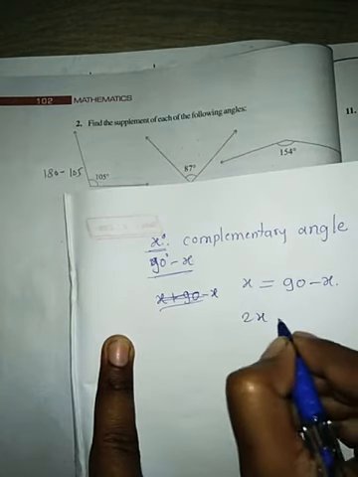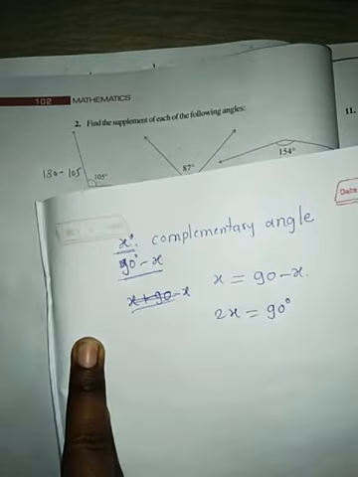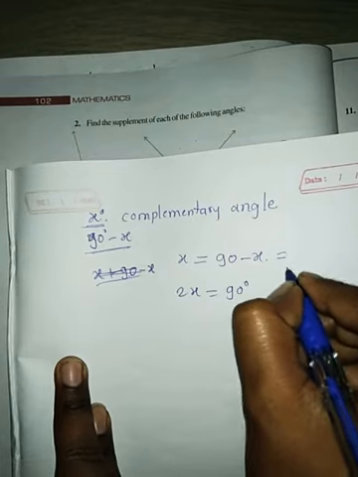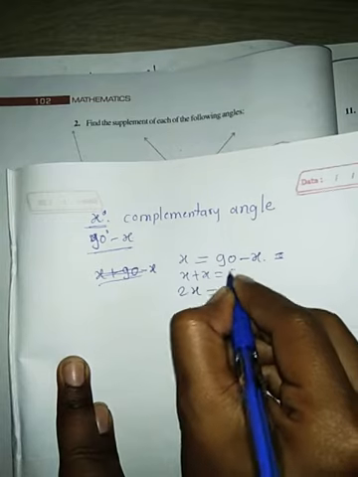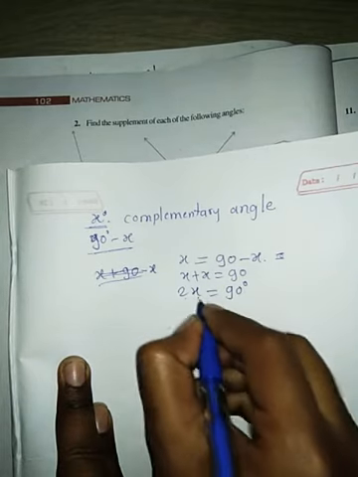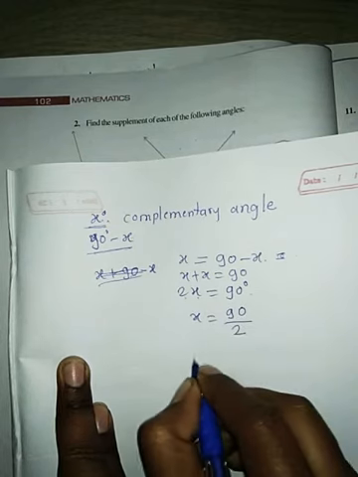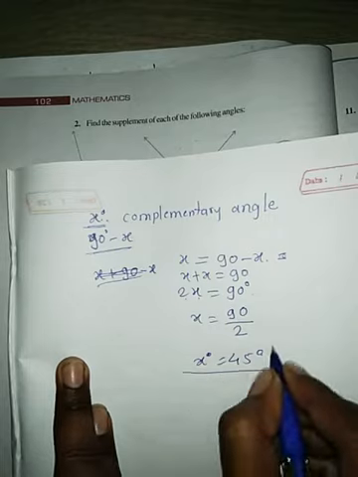Now 2x is equal to 90 degrees because x will go here as a plus sign. I'll write here in one step: x plus x is equal to 90. x plus x means 2x is equal to 90. So x is equal to 90 divided by 2. So x is equal to 45 degrees.